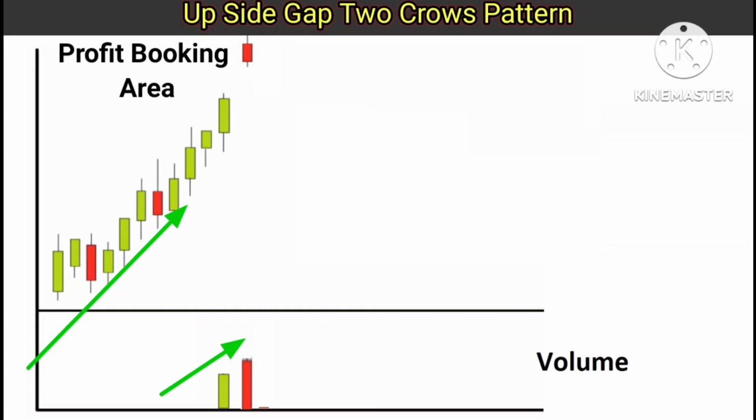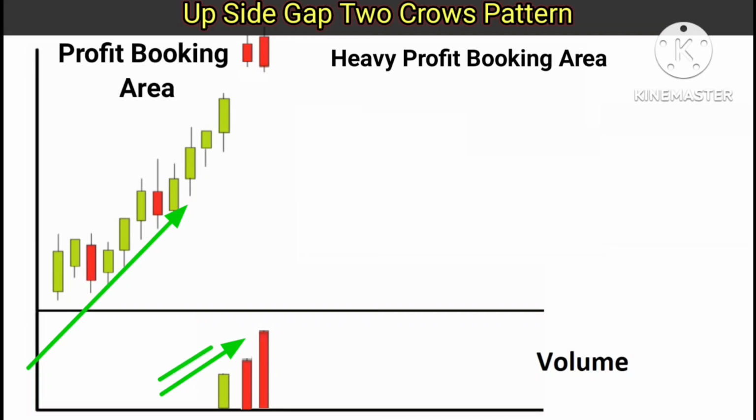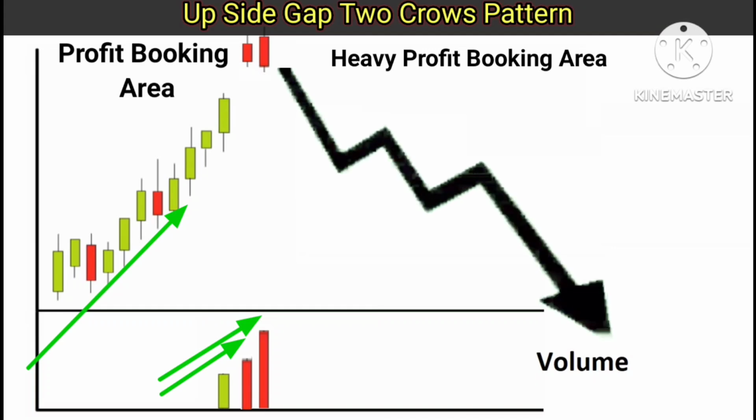Then the third candle of this pattern tries to take the price further up, but because of heavy profit booking, this candle becomes red, and it has much more volume than the previous candle, which shows that a lot of people sold the stock here, and this brings the price further down.